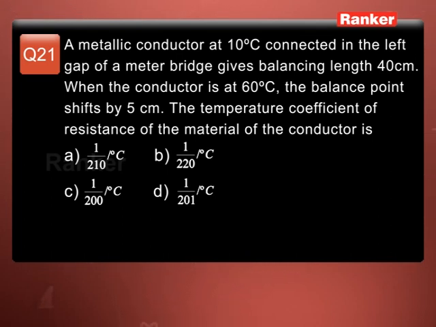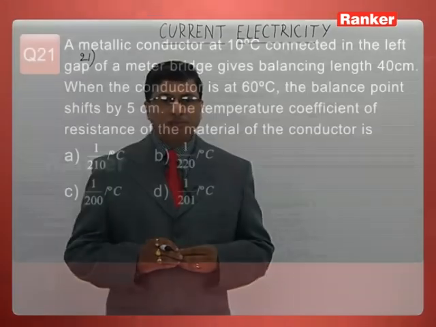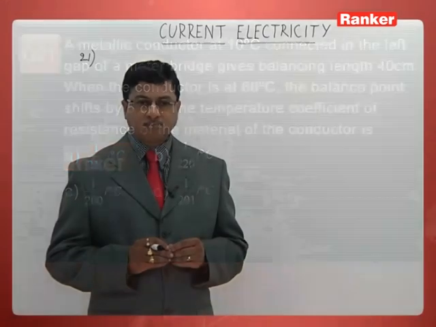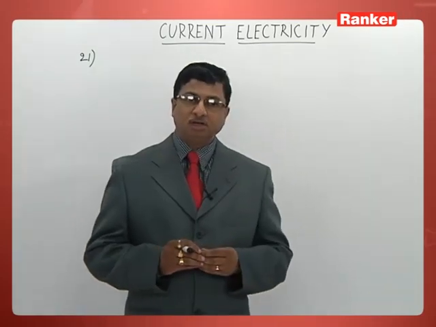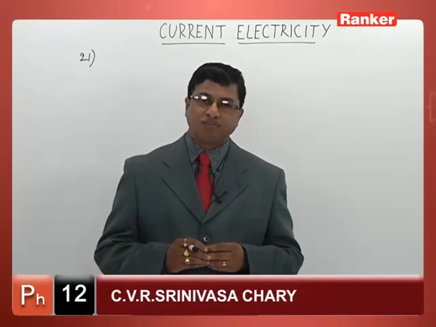And the fourth option is 1 by 201 per degree centigrade. But officially, the correct option is A. Let us check how we get the first option as the result.